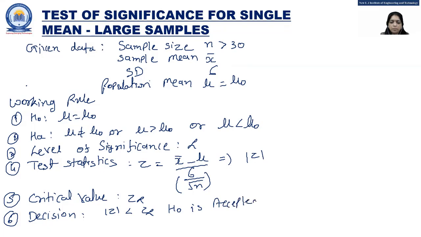And if mod Z is greater than Z alpha, null hypothesis is rejected. So, these are the working rule for the test of significance for single mean of large sample.